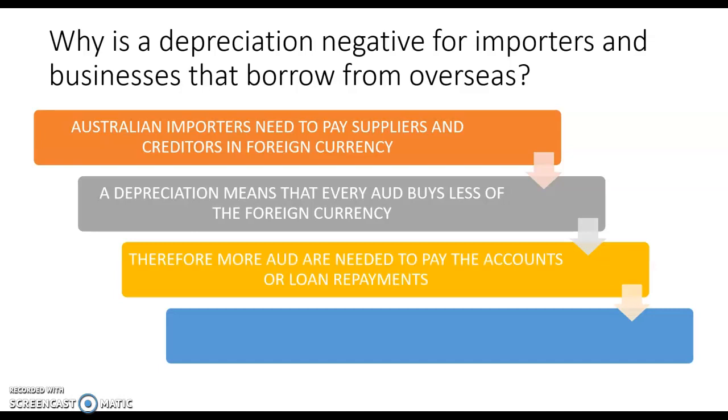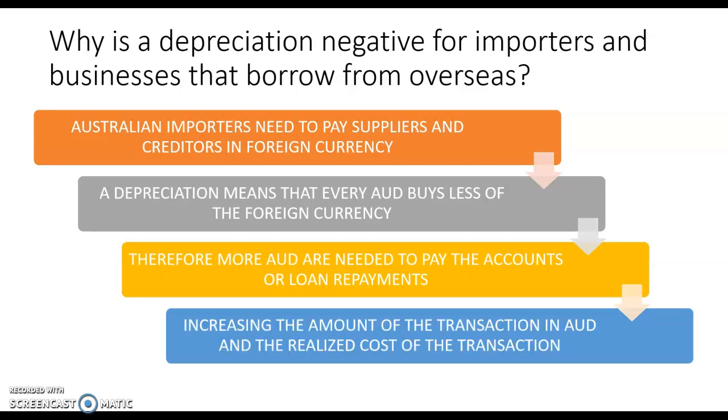So what that means is we need more Australian dollars to pay those accounts or loan repayments. So the Australian dollar value of that transaction has actually gone up, making that transaction more expensive than it previously was.